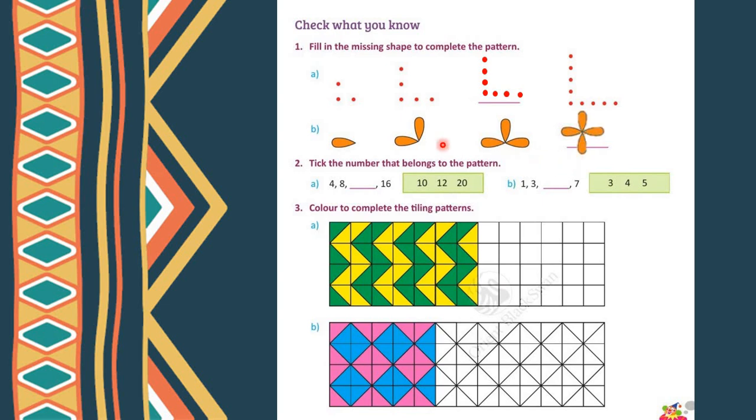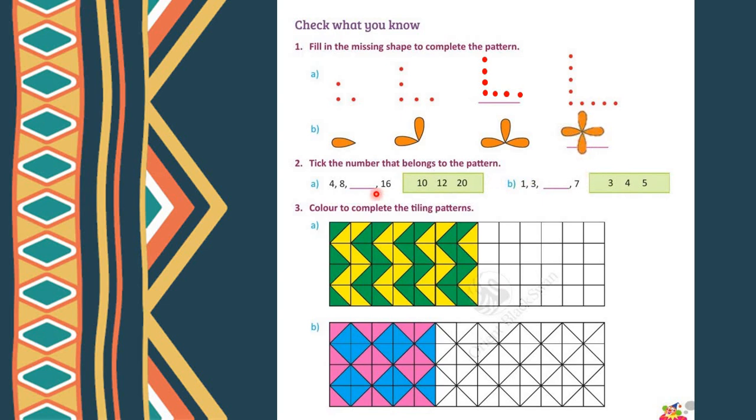Because we have each petal at a different angle, and each petal is aligned at 90 degrees. So we will draw one more petal, that is your fourth petal, over here just below the petal which is on the top, right? Just like this.